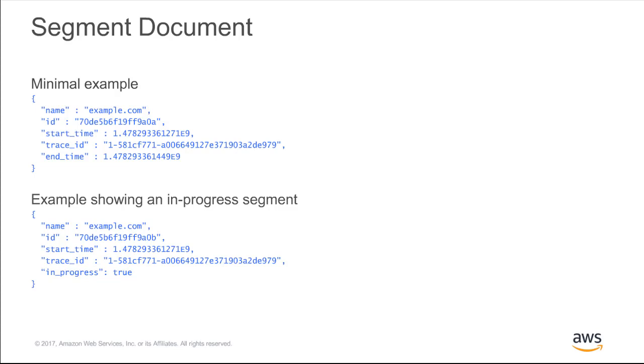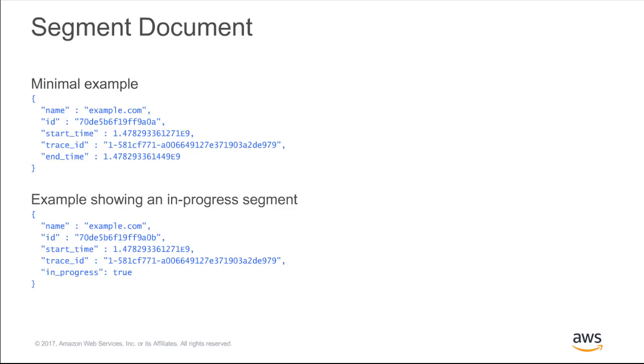And the way the trace ID works, or the format of it, is that the first number there is the version, which is always 1. The next set of numbers is a 32-bit epoch, and then the last set of numbers separated by dashes is a 96-bit unique ID.